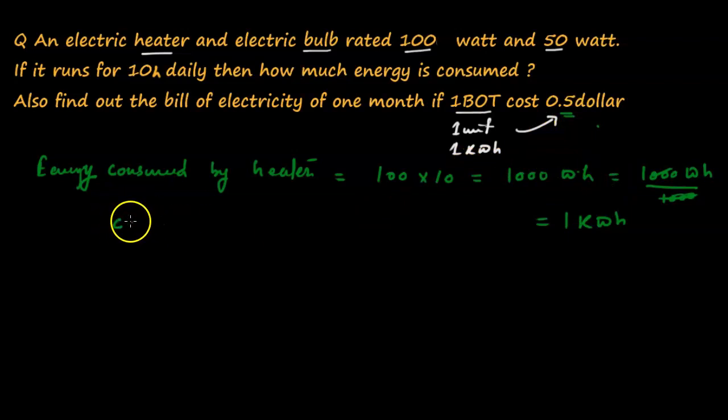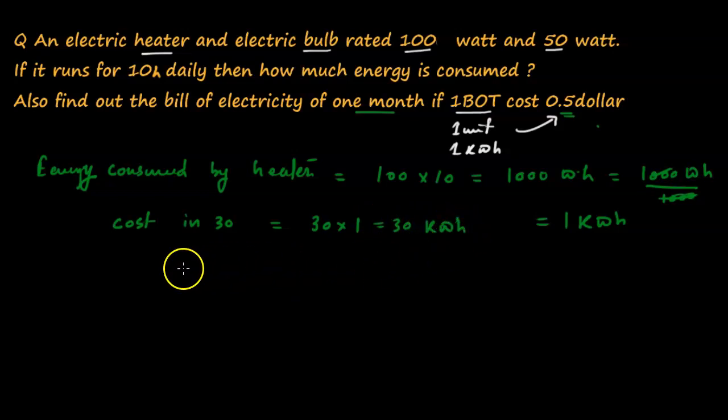So the cost will be in 30 days, because we need to find out the cost for the month. So we will find out the cost in 30 days. I'll just multiply this 30 by the total kilowatt hour. So it will come to 30 kilowatt hour in 1 month.